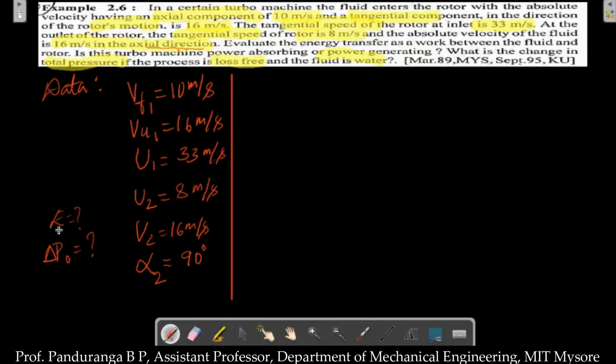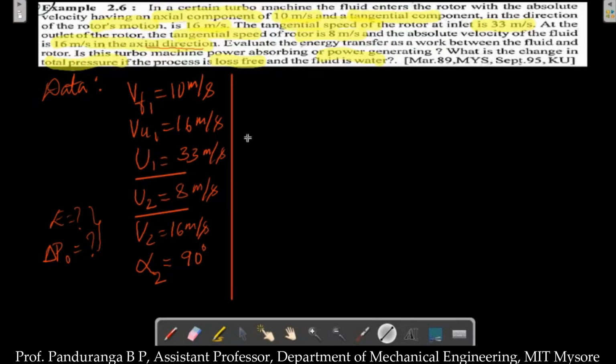So these are the two things which you have to calculate. Since U is different for inlet and outlet, for inlet it is 33 and for outlet it is 8, we cannot write a common velocity triangle in this case. So I'll write two different velocity triangles for inlet and outlet.